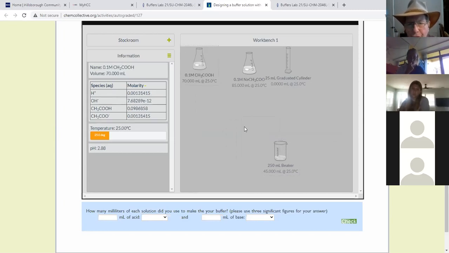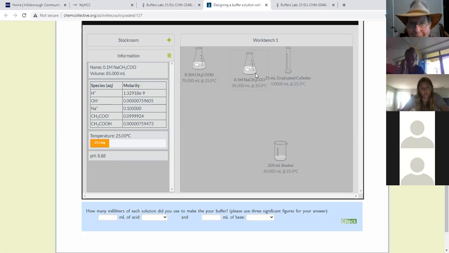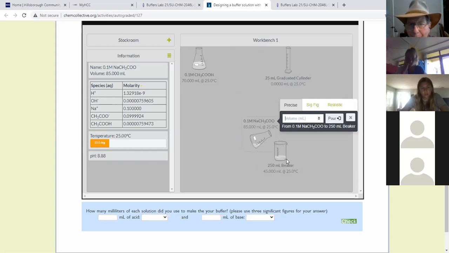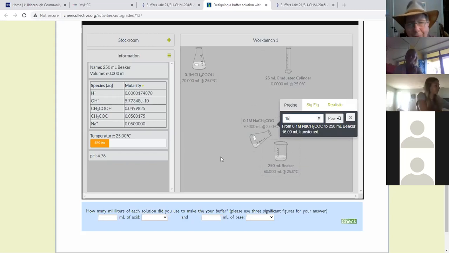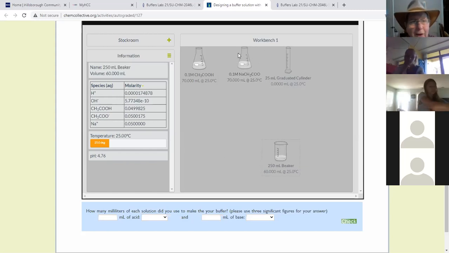You don't have to go through the silly graduated cylinder. Looky there. So guys, if you don't want to bother going through the graduated cylinder and then to the beaker, just take it straight out of the flask, all right?